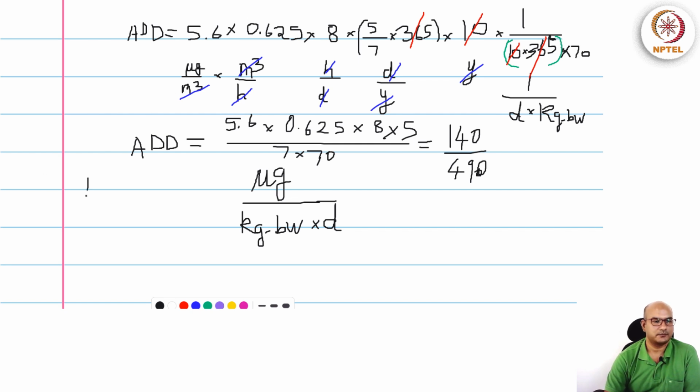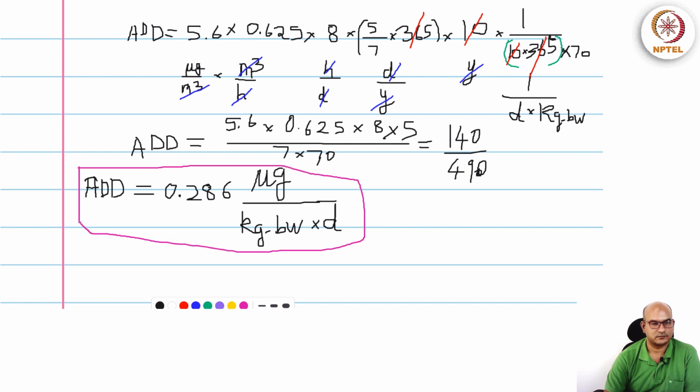So ADD will be 0.286 microgram per kilo body weight per day. So average daily dose is done.